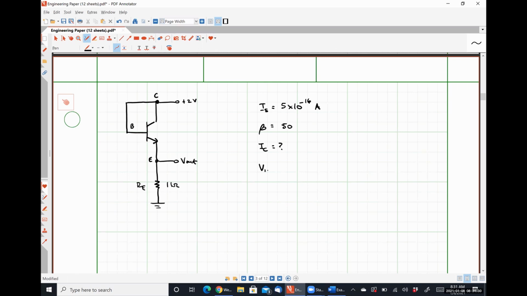IC, VBE, and V out. To be clear, here's IC, here's IB, here's IE, and V out is the voltage drop over the 1 kilo ohm resistor.